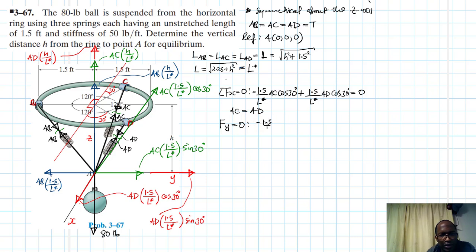So minus 1.5 divided by L star AB, then plus 1.5 divided by L star AC sine 30, and minus 1.5 divided by L star AD sine 30.